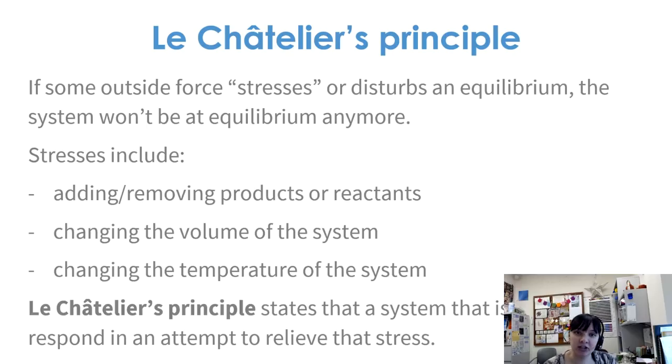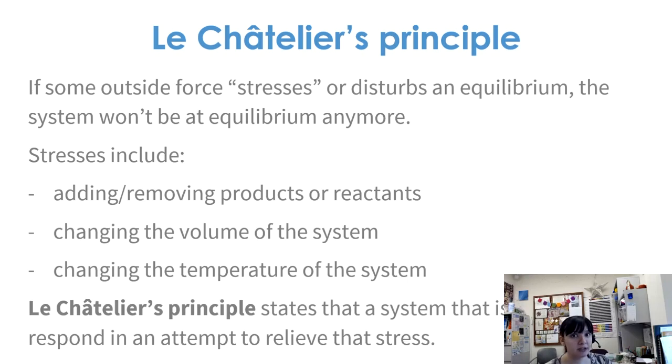This is known as Le Chatelier's principle, and it basically says that when a system is stressed, it will respond in an attempt to relieve that stress. Whatever that stress may be, if it's one of these three different changes, we can imagine how the reaction is going to shift in order to bring balance back to the overall reaction.